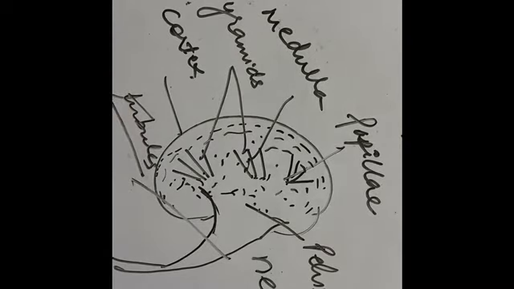Nephron is dealing with almost everything. Nephrons are also known as uriniferous tubules, renal tubules. The word renal is always linked with kidney, or simply kidney tubules. Kidney tubules, renal tubules, uriniferous tubules, or nephrons, they all are one and the same thing.